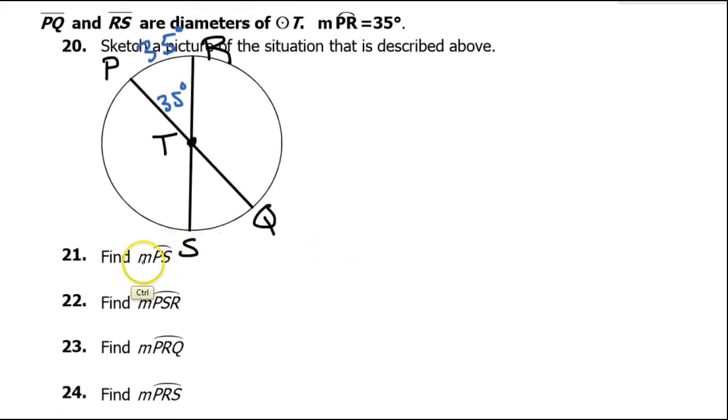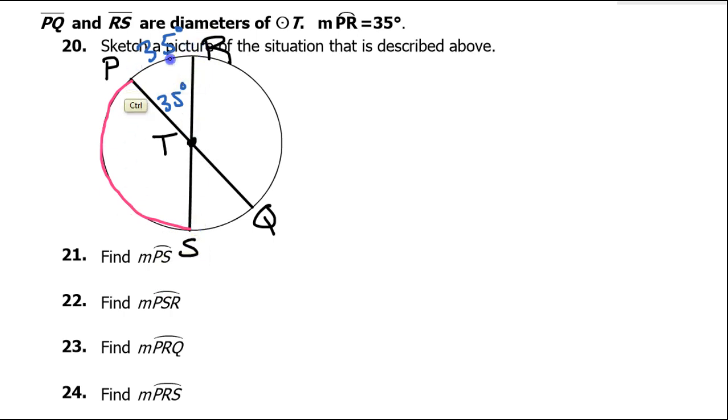Now, find the measure of arc PS. Okay, so arc PS is going to be this. Well, we've got the semicircle. If I went from R to S, that would be a semicircle.